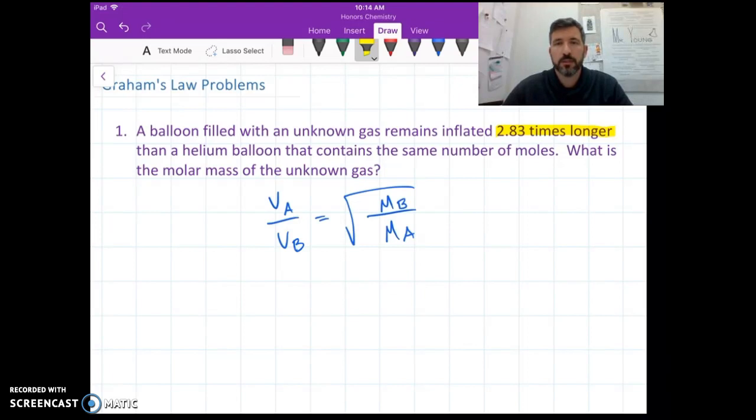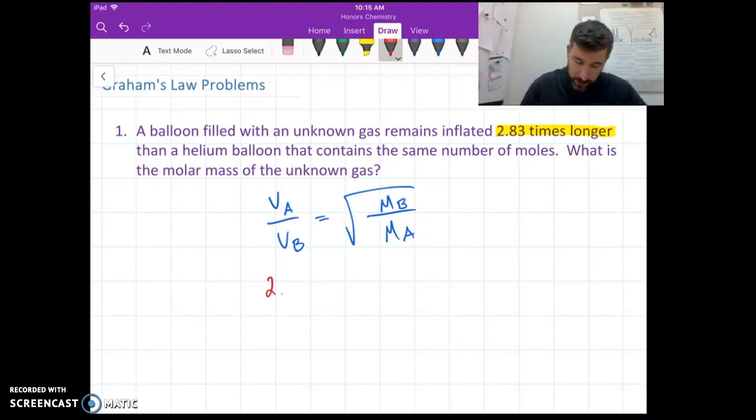Or, in terms of velocity, the unknown gas is 2.83 times slower than the helium, which means the helium is 2.83 times faster than the unknown gas. So even though the 2.83 is connected to the unknown gas in the question, because it's describing time, and time is inversely related to speed, the 2.83 can be used as the relative velocity of the helium.